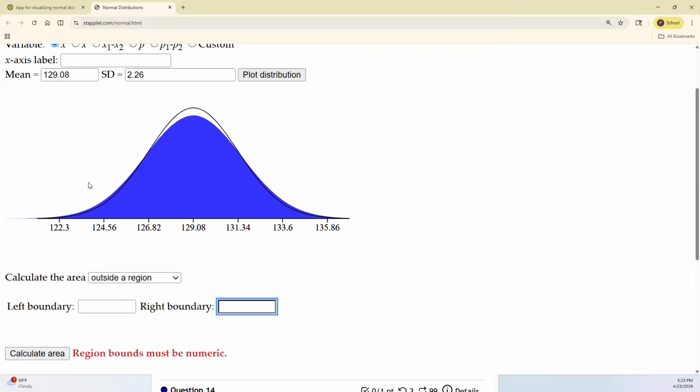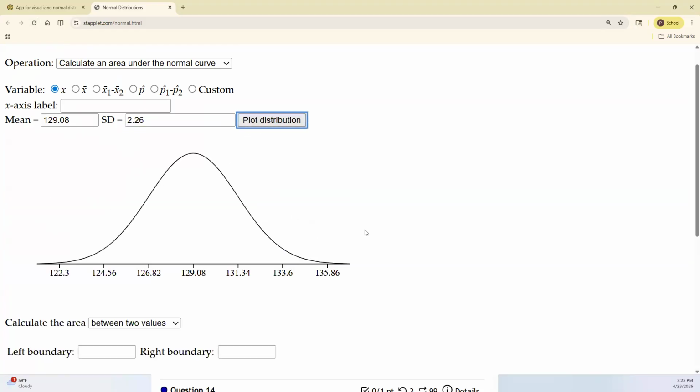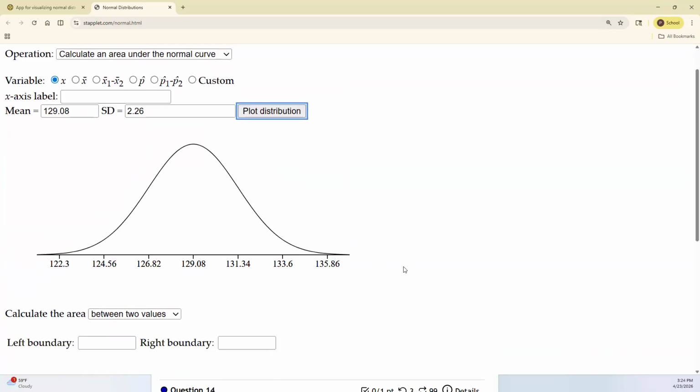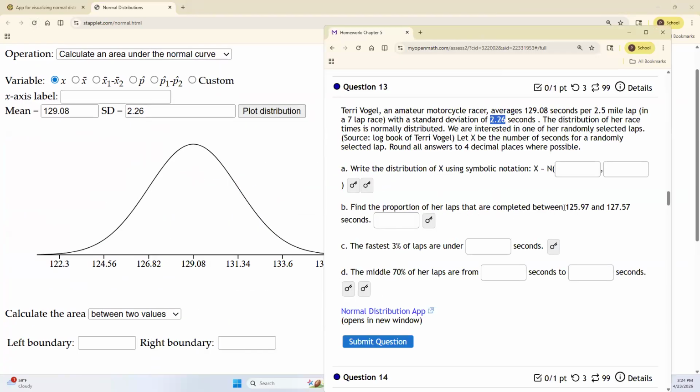It doesn't change the shape. Oh, it hurt. Okay, let's start again. Yeah, sometimes you just got to refresh. The shape looks the exact same. What changes is the scale. But now we can start asking questions about probabilities. Things like, what proportion of her laps are completed between 125.97 and 127.57?